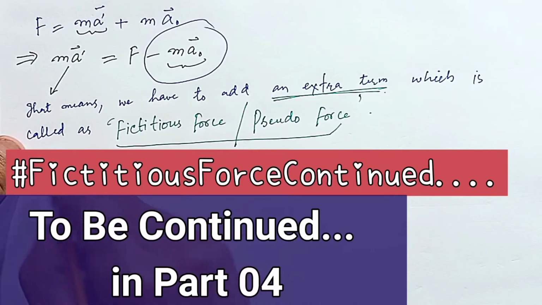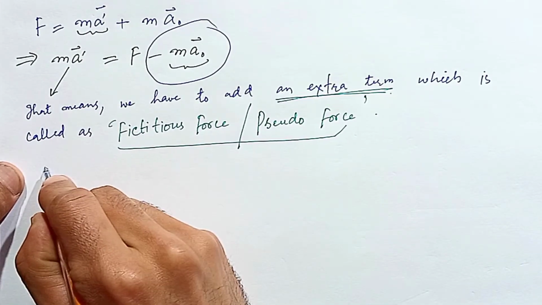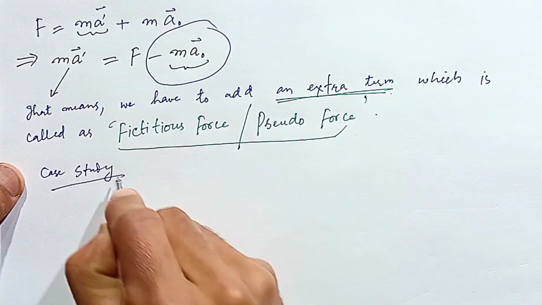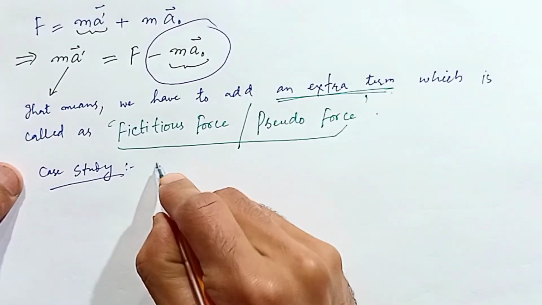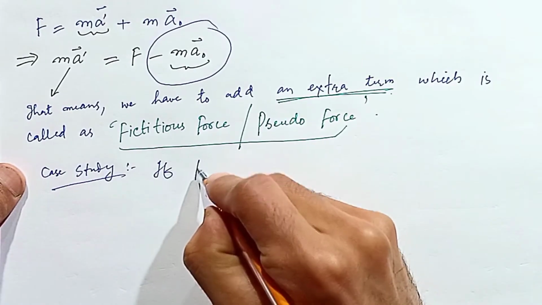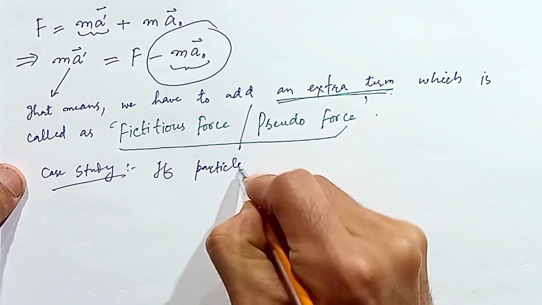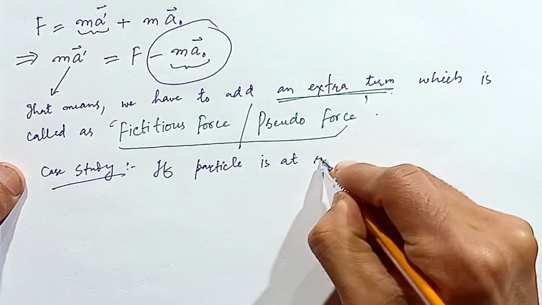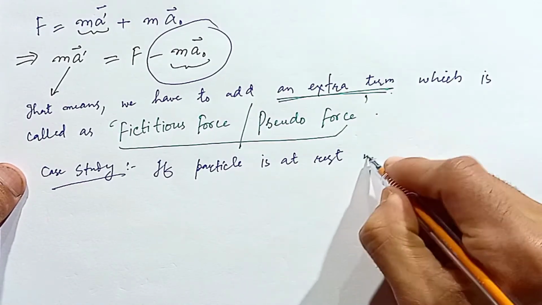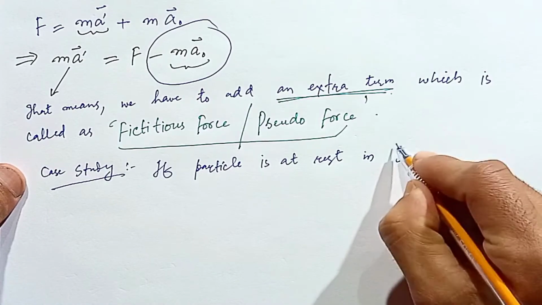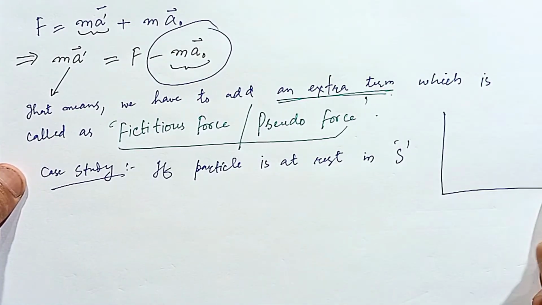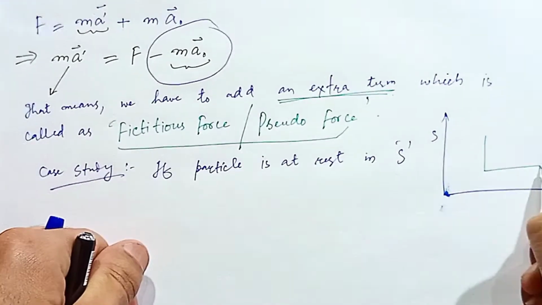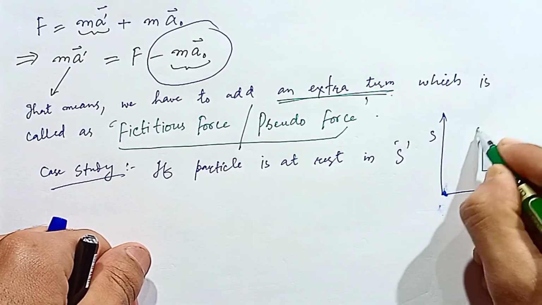For example, take the case if the particle is considered at rest in the frame of reference S. We have considered the frame of reference S, and an extra frame of reference S prime.